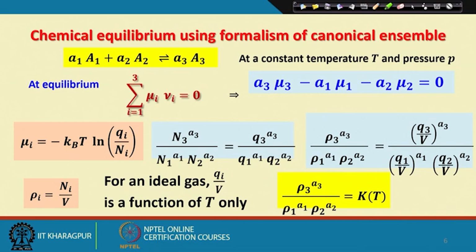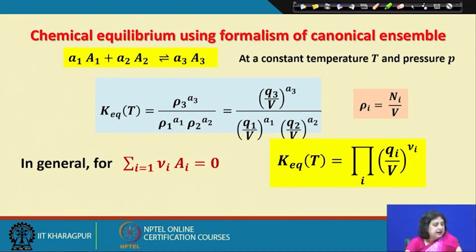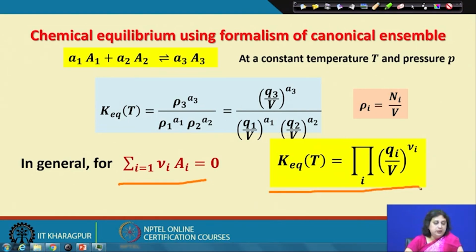So, the last portion that we need to discuss over here is that, in general, for a given chemical reaction that is represented like this, I can write down the K equilibrium as a function of temperature, and in terms of the individual components of the equilibrium mixture, this is given by a product of several terms.